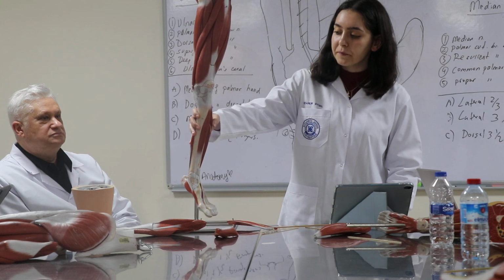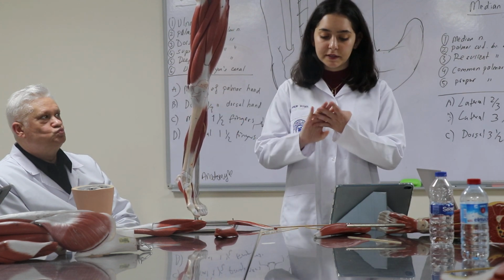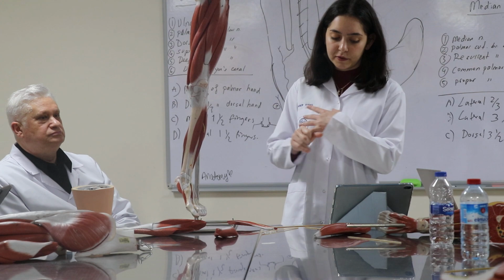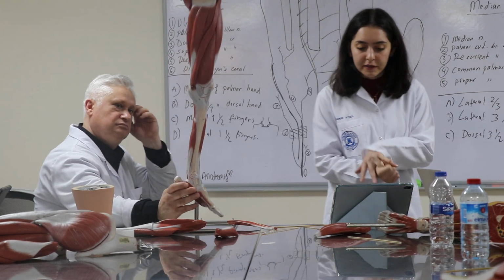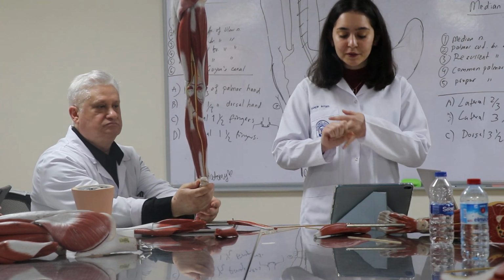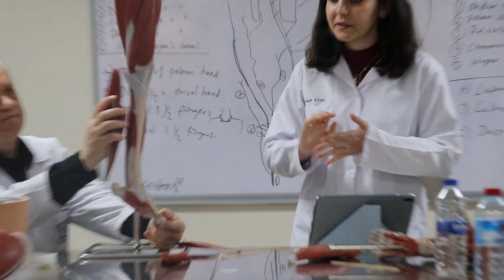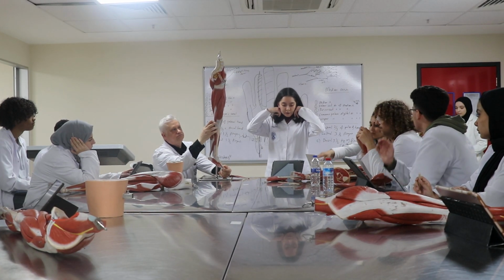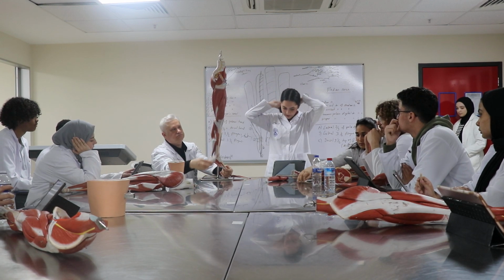The common peroneal nerve has four sensory parts: the lateral cutaneous nerve, the medial cutaneous nerve, the sural communicating nerve, and the sural nerve. Let's look at them one by one.